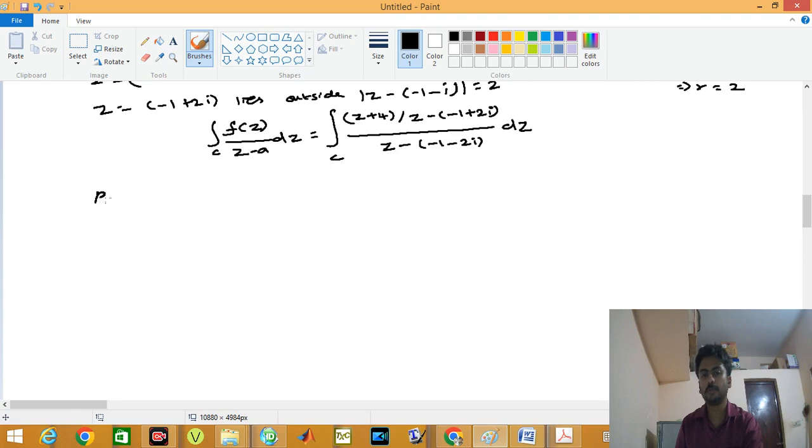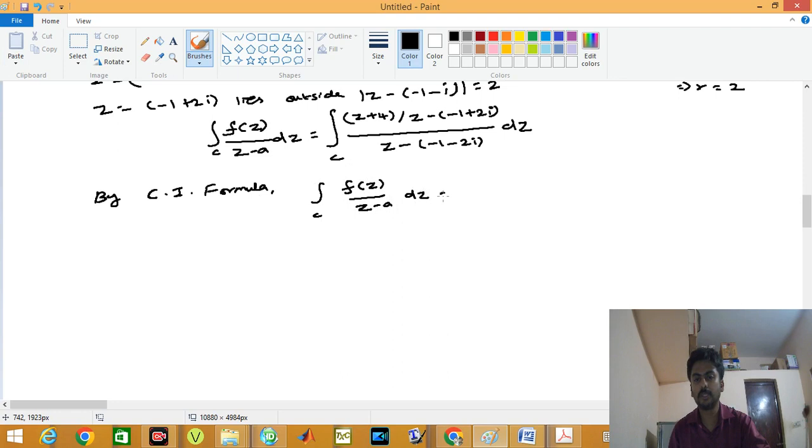So by Cauchy's integral formula, we know that integral over c of f of z divided by z minus a dz equal to 2 pi i into f of a. So we have to identify what is a.